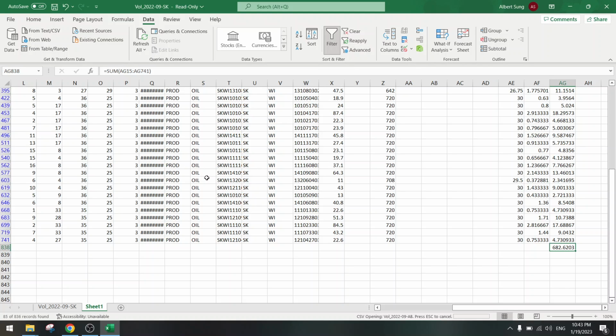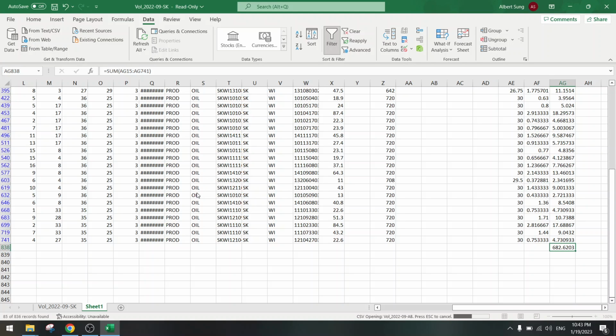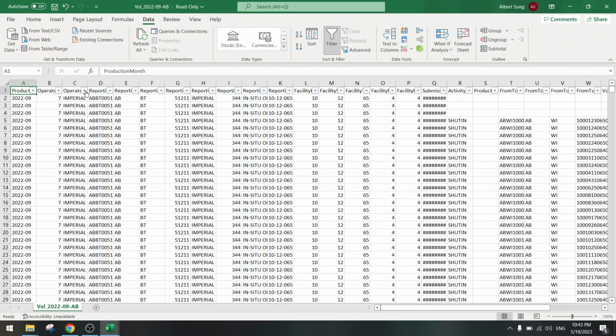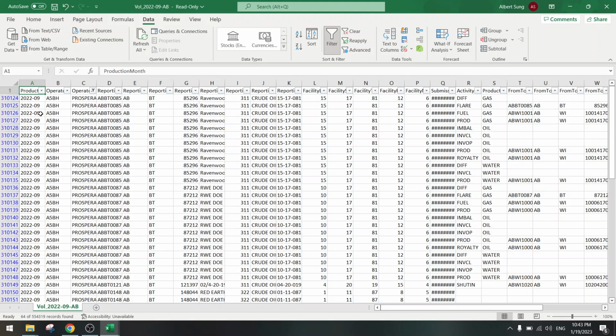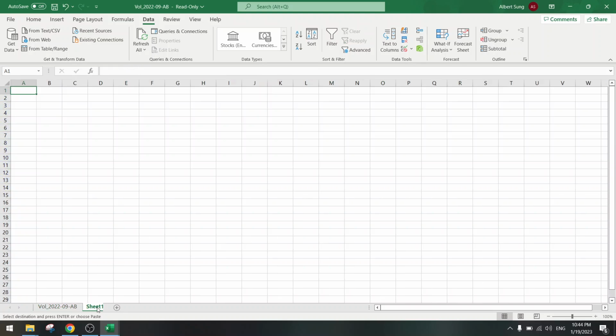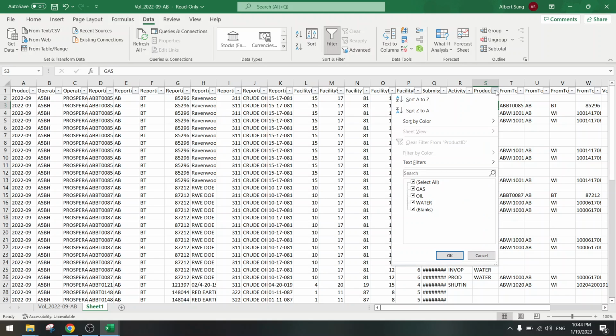Let's see what they have in Alberta. Here again, filter on Prospera. And what have we here?